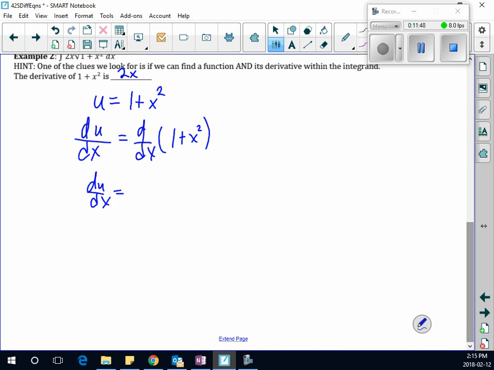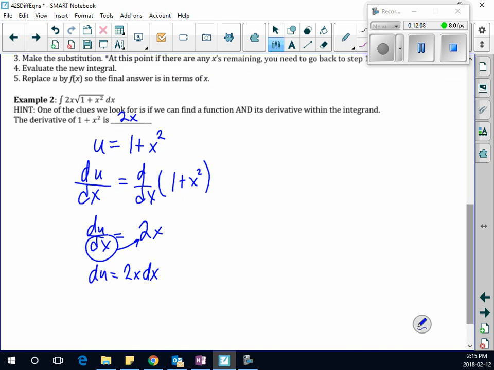You get 2x. Now we do a quick cross multiply. We get du equals 2x dx. Yes? So now we're going to replace this integral. I'm going to write it out: the integral of 2x square root of 1 plus x squared dx.